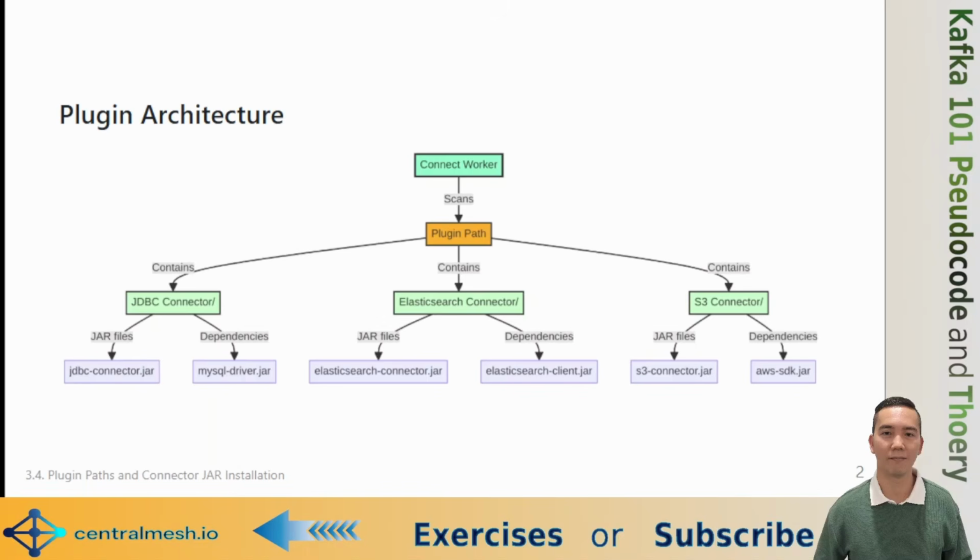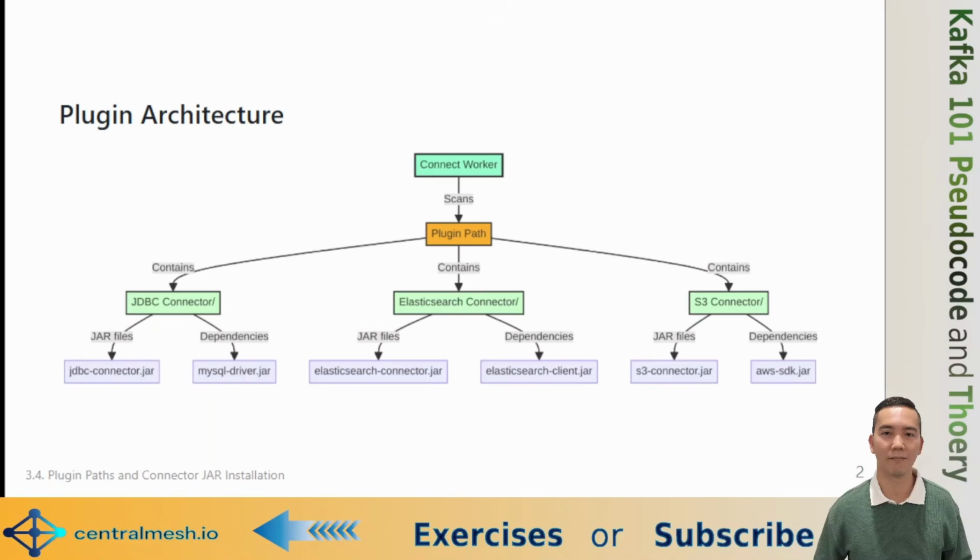Inside the plugin path, each connector has its own directory. In this example, we have a JDBC connector directory, an Elasticsearch connector directory, and an S3 connector directory. Each directory contains the connector jar itself, along with every dependency that connector requires. For example, the JDBC connector contains the connector implementation plus the MySQL JDBC driver.